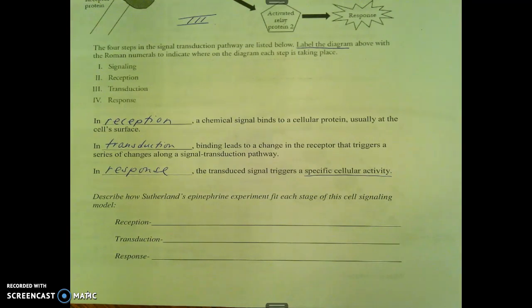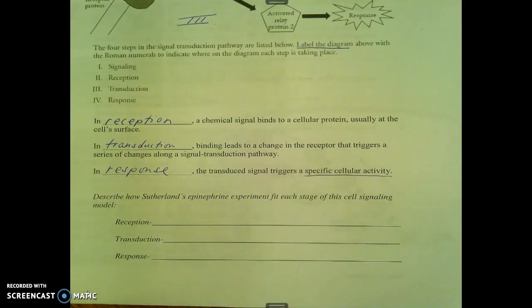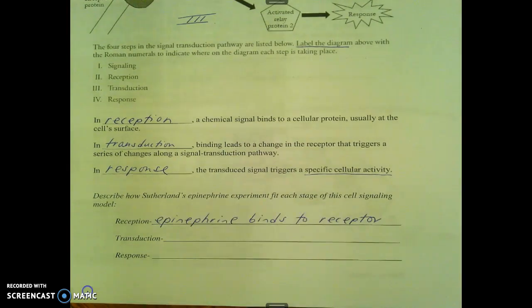In reception, we should see the chemical signal bind to the cell. And in Sutherland's epinephrine experiment, this occurred when the epinephrine bound to the receptor. Next should be transduction. So here we should see a series of changes, and that's exactly what happens with epinephrine.